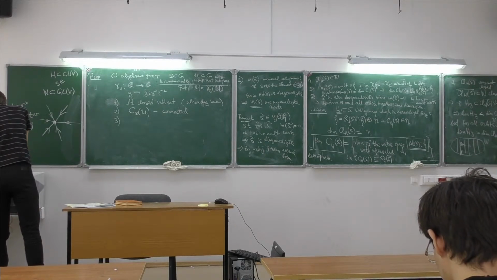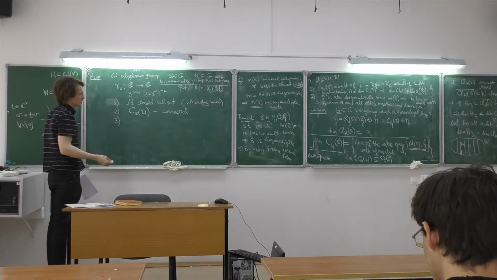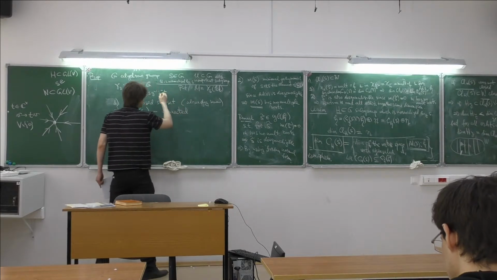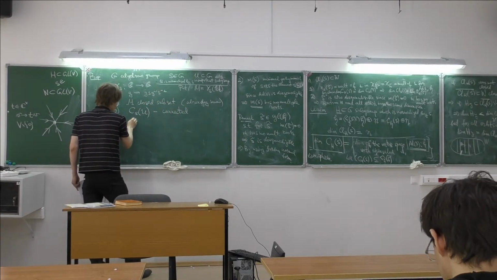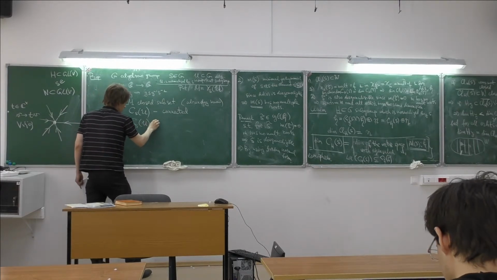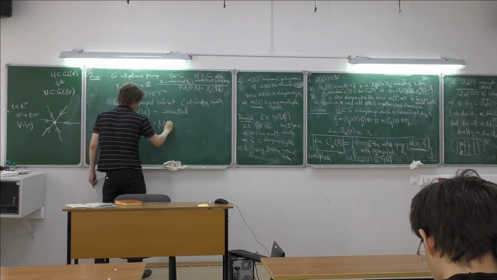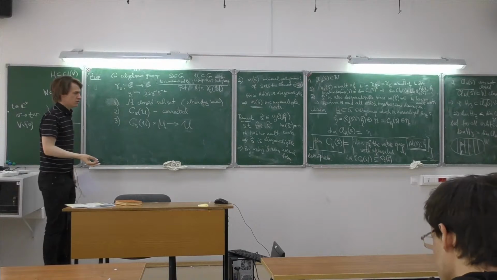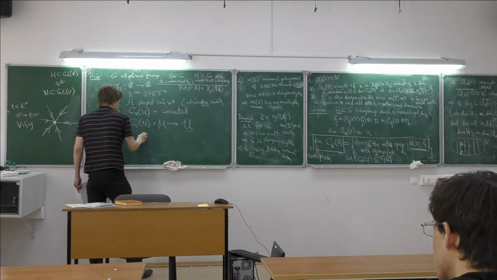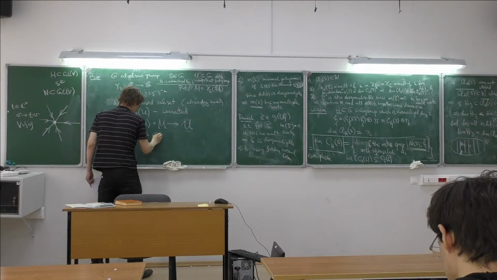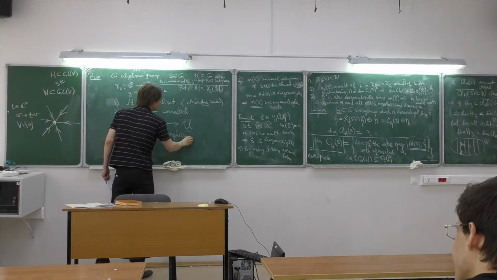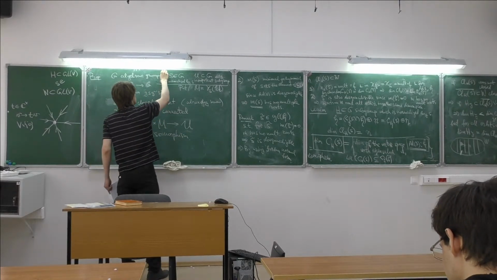Okay, and the last most important claim: if you have the variety and the group, you can form the product. So the claim is that it is an isomorphism.